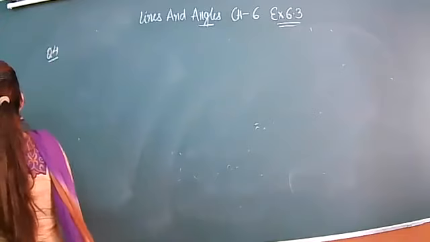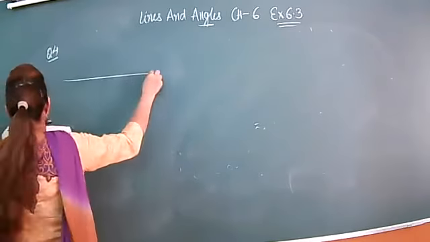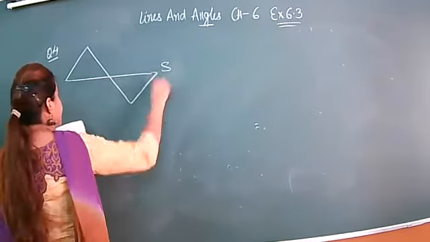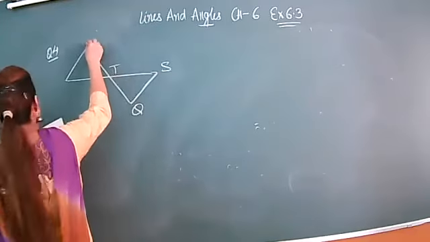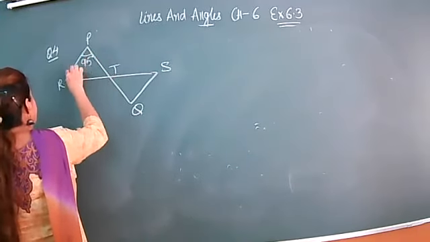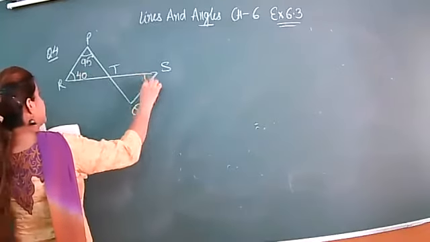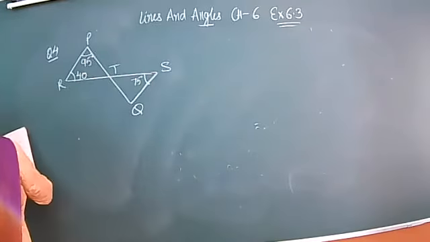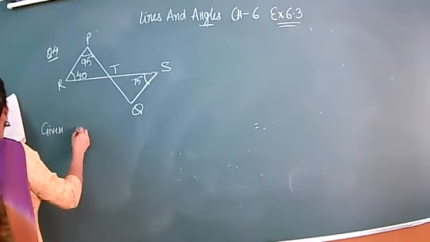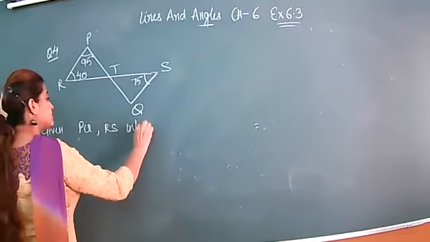Question number 4. Again, the figure is given. This is S, Q, T, P, R. This angle is 95. This angle is 40. This angle is 75. And the given things are, given is PQ and RS intersect.